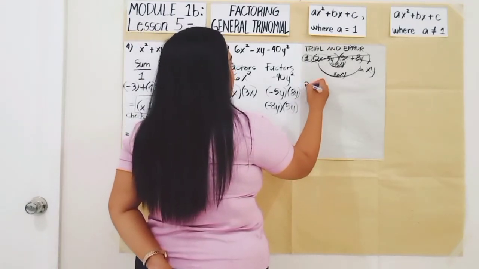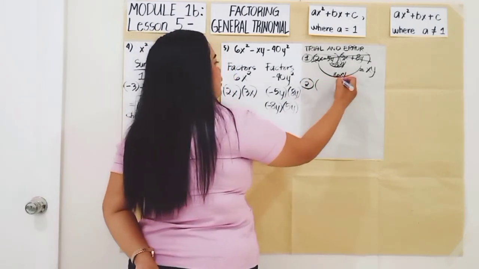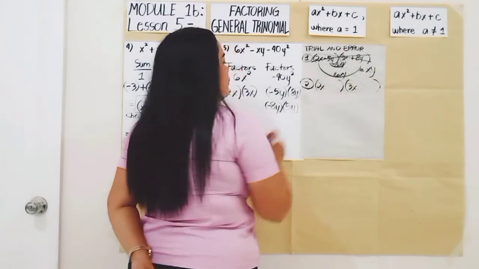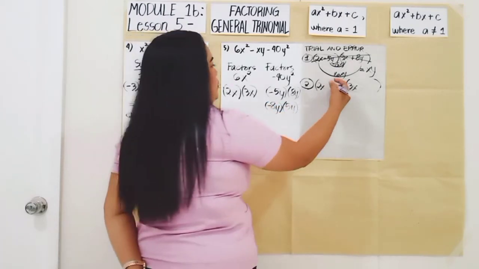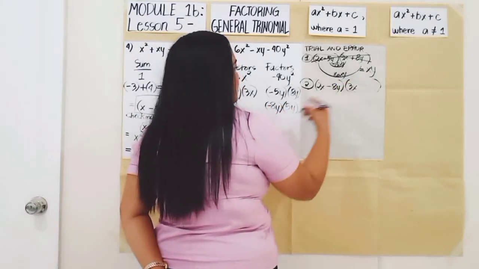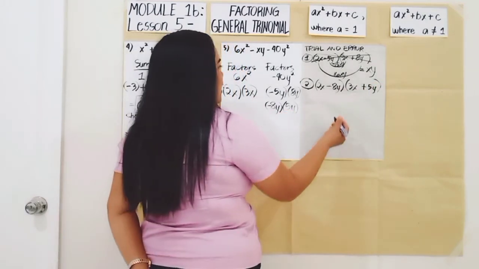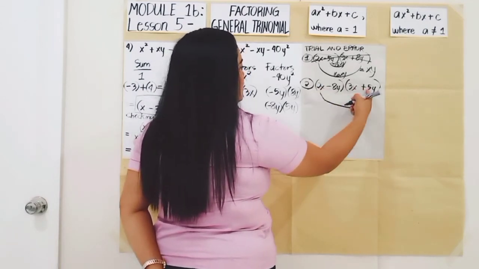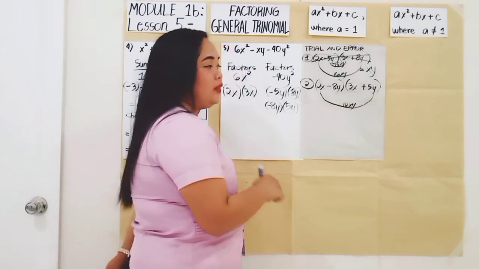Number 2, let us use a different combination of factors. So, let us use again 2x and 3x. So, this time, let us use these factors, which is negative 8y and positive 5y. Okay? So, let us check again. So, you multiply 2x and 5y. That is 10xy. Correct?